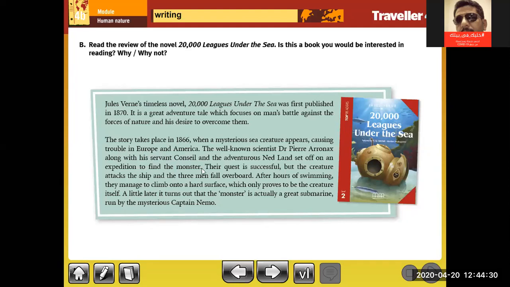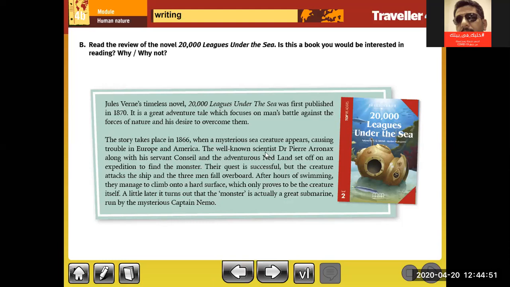What kind of strange or mysterious sea creature appeared in Europe and America? Now it becomes interesting. Sea creature, and it's mysterious, strange. What is it?